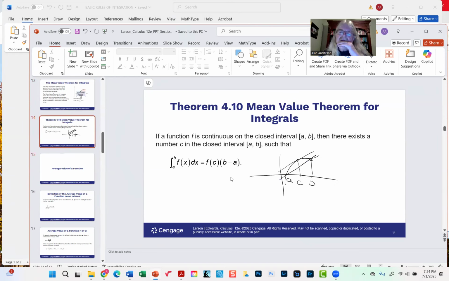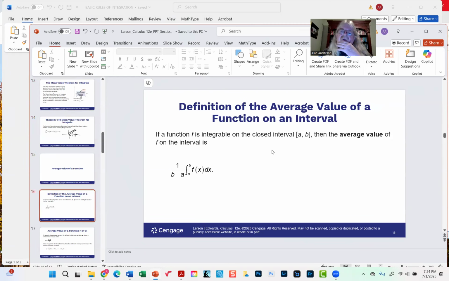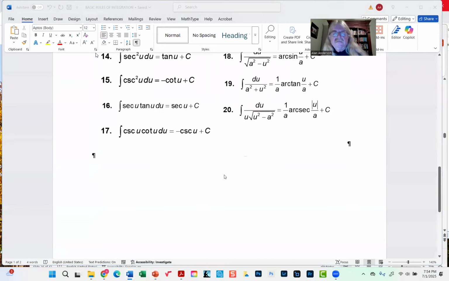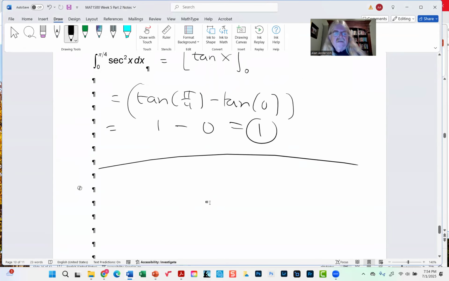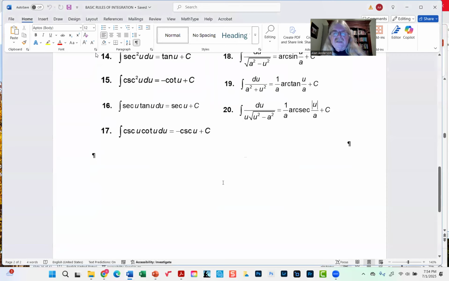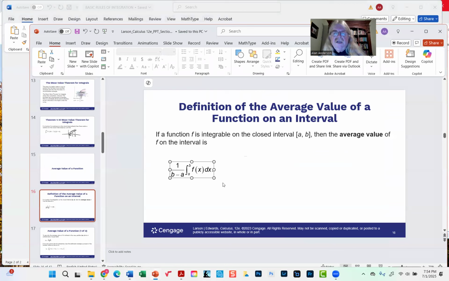Anyway, now the average value over a given interval is very simply the definite integral from A to B divided by B minus A. So it's very straightforward. Let's copy that here. Average value of a function on an interval, right?